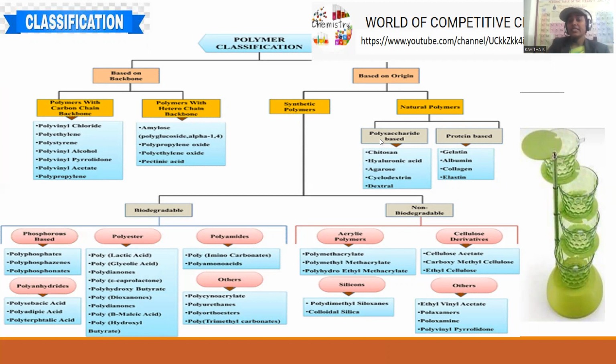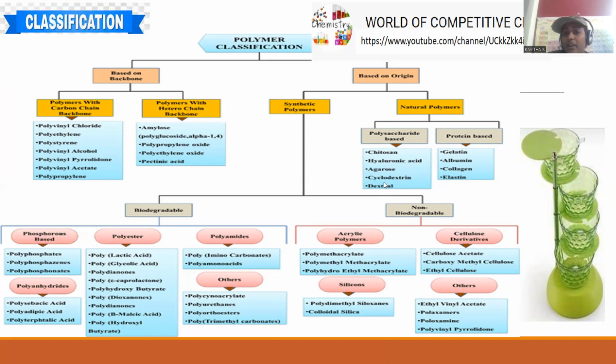Polysaccharides are nothing but glucose, fructose, starch, sucrose. All these are part of polysaccharides, and these are the energy contributors, and polysaccharides are again of various kinds. For example, chitosan, hyaluronic acid, agarose, and cyclodextrin. Dextrin is nothing but glucose itself.